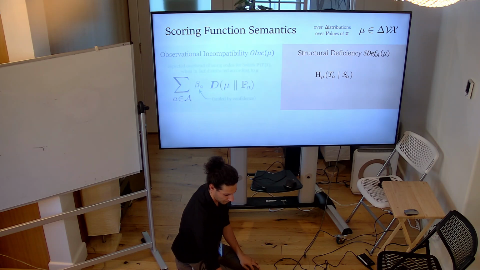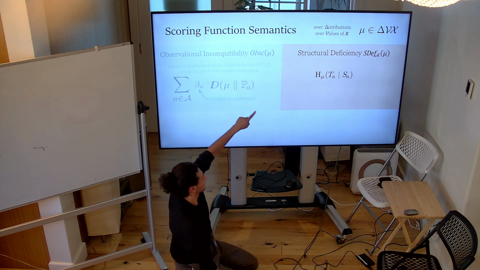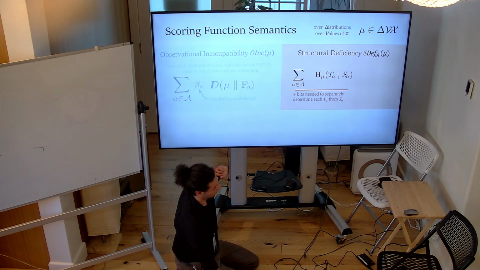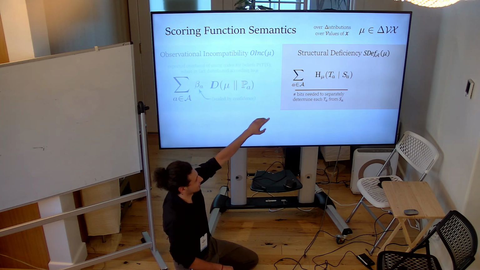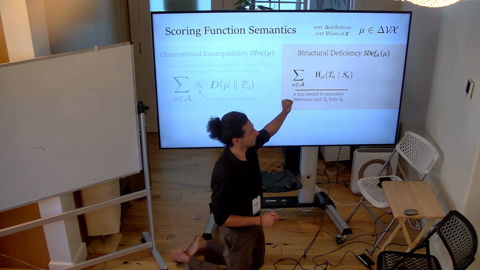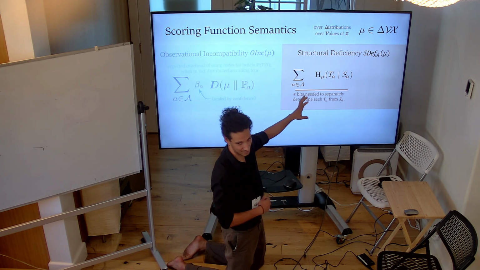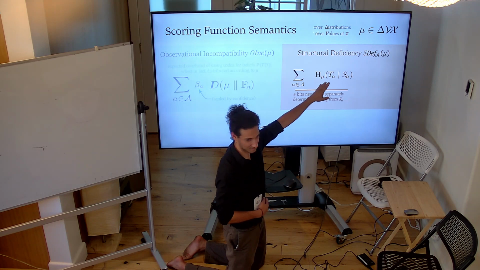There's this second quantity for the structure. Intuitively, for each arc, you're saying the targets are a function of the sources. And how many bits are needed to separately determine them? If you really believe in the causal picture along the hypergraph, you think that the sources contain, up to noise, all the information in the targets.